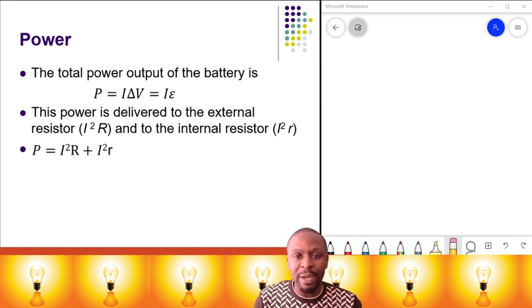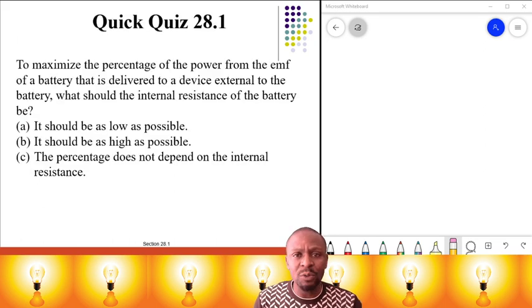Now this power is delivered to the external resistor, or the load resistor, and it must be added to the power delivered to the internal resistor. Therefore the total power is P equals I squared R plus the power delivered to the internal resistor.